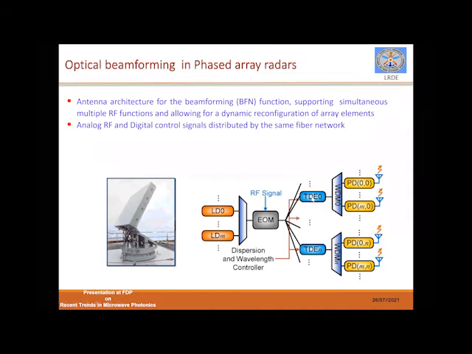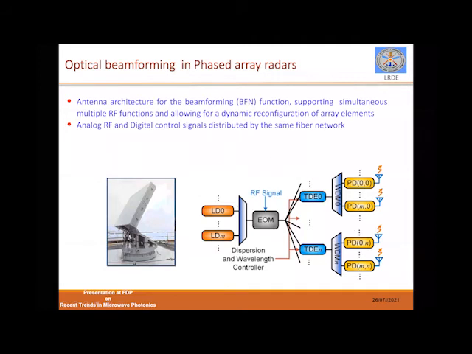If the first element has 0, the second element will have delta T, then 2 delta T, 3 delta T, and up to N minus 1 delta T. Finally, all these are combined to form the beam, and the signal is converted back to RF before transmission. So the basic beam steering happens with all these things.